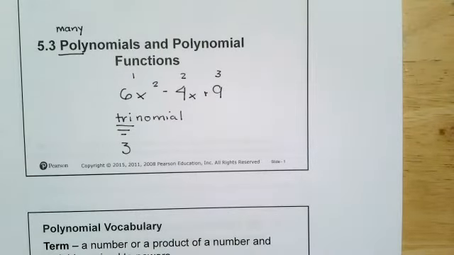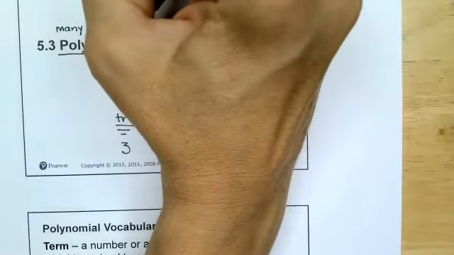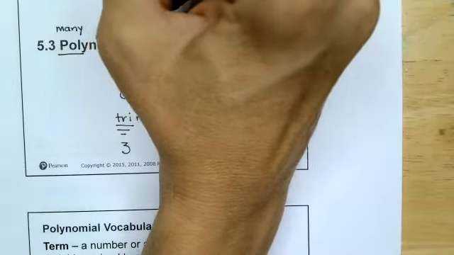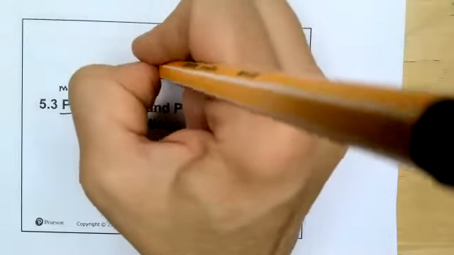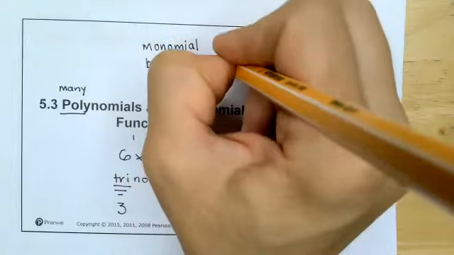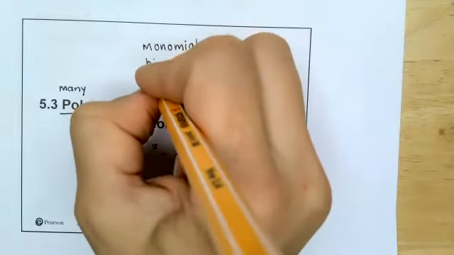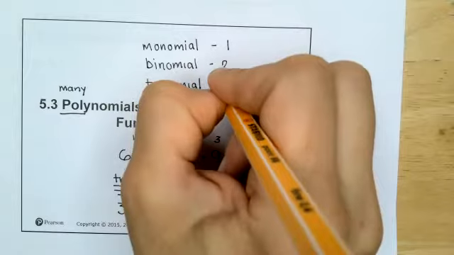If you had one term, it would be called a monomial. A monomial is one term. A binomial is 2 terms, and then a trinomial is 3 terms.